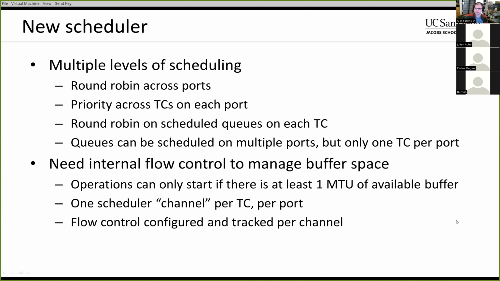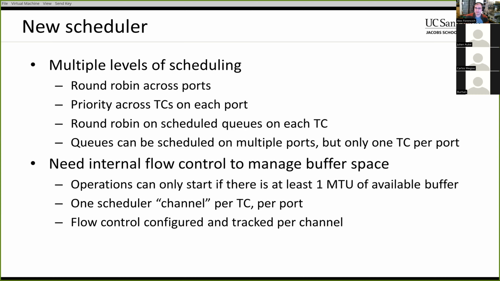So the new scheduler that I'm working on here uses multiple levels of scheduling, where we do round robin across the ports, priority across the traffic classes on each port, and then round robin on the scheduled queues inside of each traffic class. And the queues can be scheduled on multiple ports, but only on one traffic class per port.